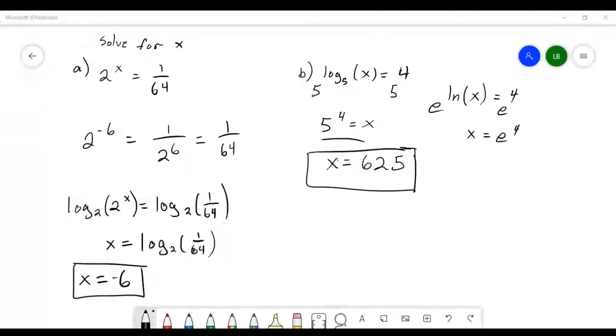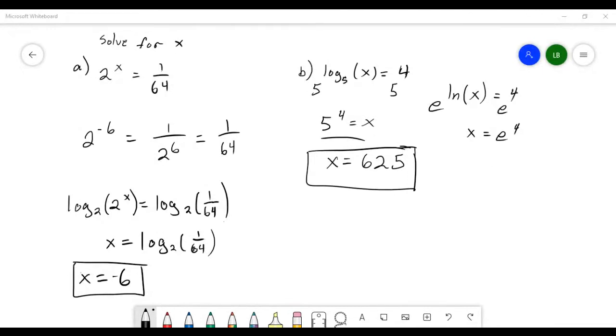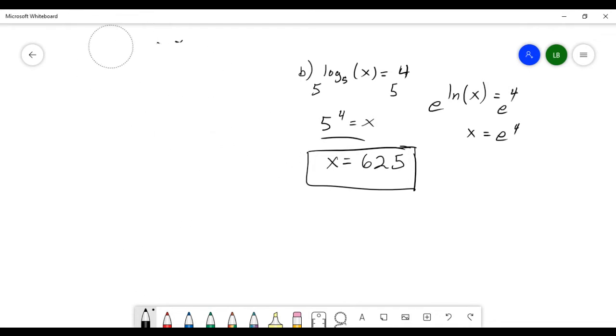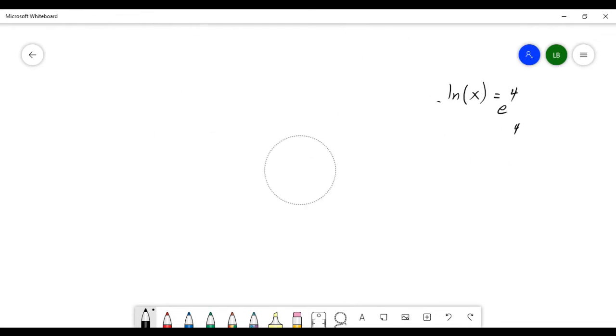All right, so now I guess we should probably talk about doing some actual differentiation and integrals. We'll start with just a couple of derivatives though.